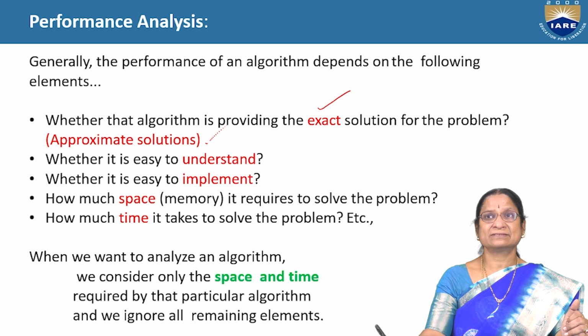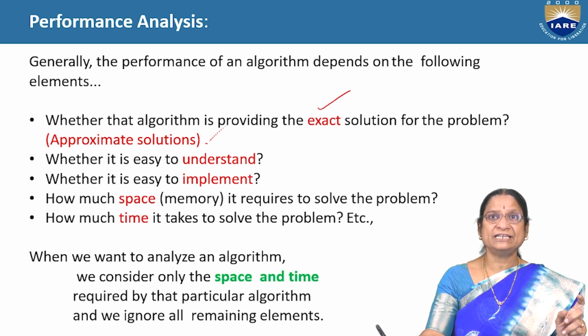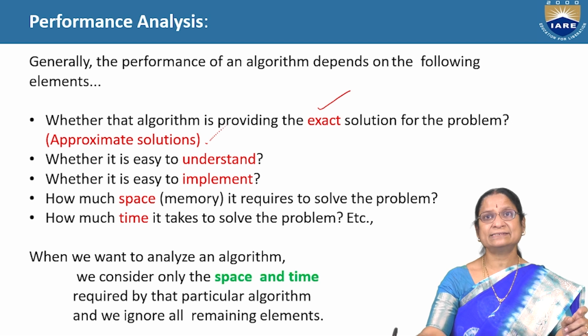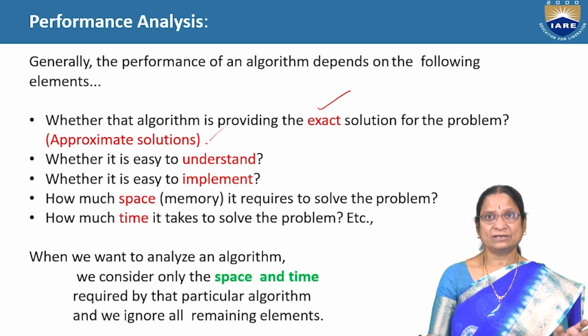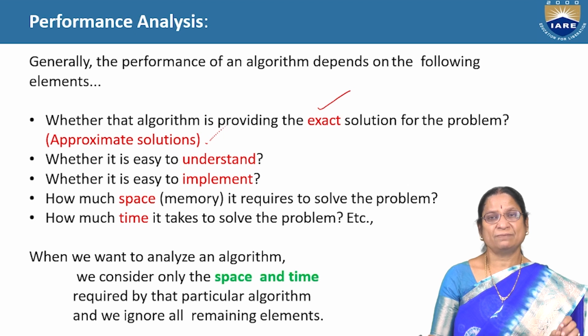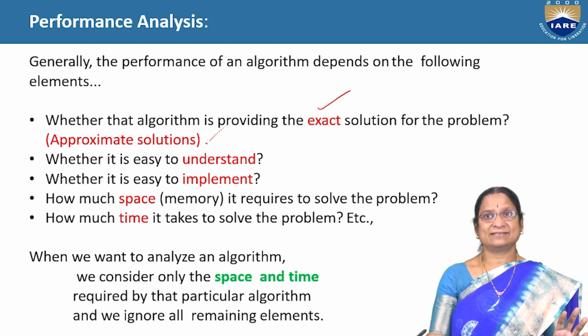So while writing the algorithm itself, we consider whether it is providing an exact solution or an approximation solution, whether it is easy to understand and easy to implement, how much memory is required, and how much time is required to solve that particular problem. These are the five major issues we will consider.